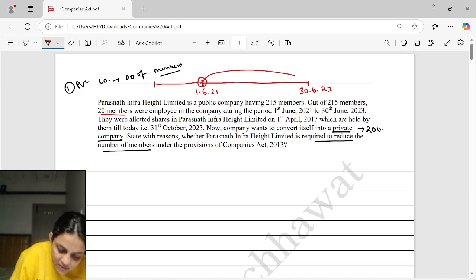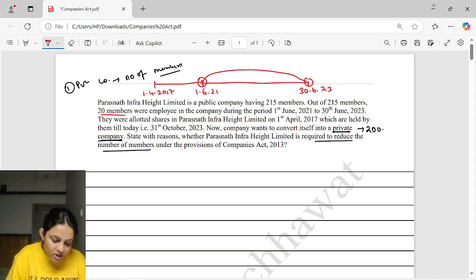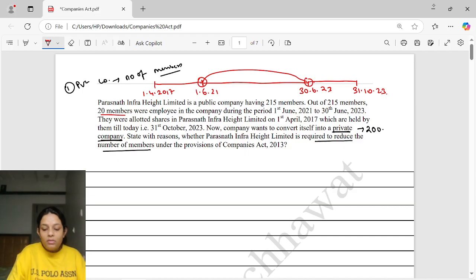They were employees during this period, and the shares were allotted to them on 1st April, which are held by them till today, that is 31st October 23. One thing to note: on the day we are considering, they are not employees. But ex-employees, if they acquired shares while in employment, we don't count them. So on that basis, they will not be counted.